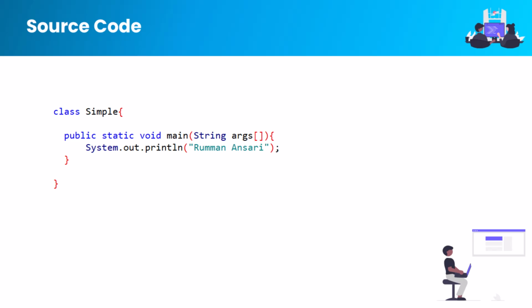Here my name will be printed in the console, and this source code, when compiled and executed, will produce my name as output on the screen. Understanding and writing source code is a fundamental skill for software developers, and it is the starting point for creating a wide range of applications and software solutions.